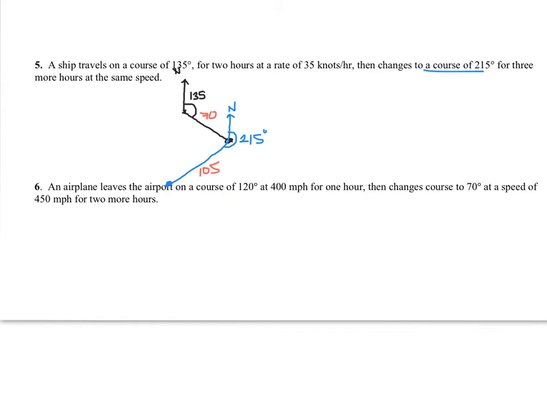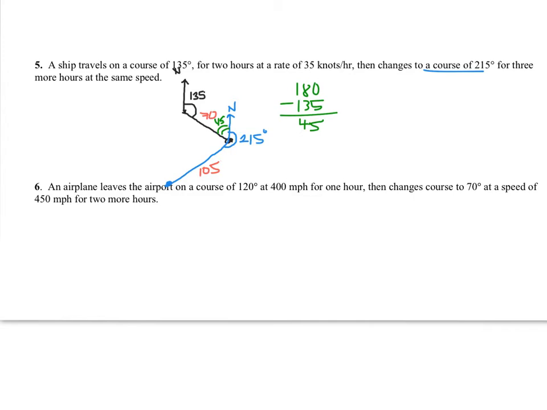All right, so things that we can add on to this. Well, if we have those two norths and the first bearing, or the first course, was 135, then this angle right here would be 180 minus 135. That angle in the corner would be 45 degrees, so we could label that.